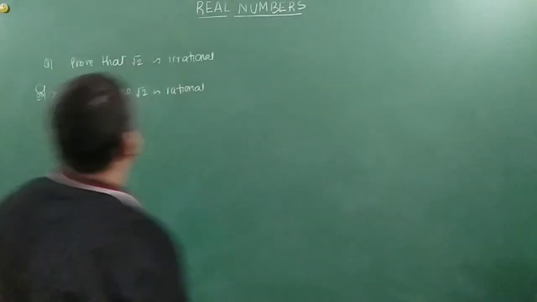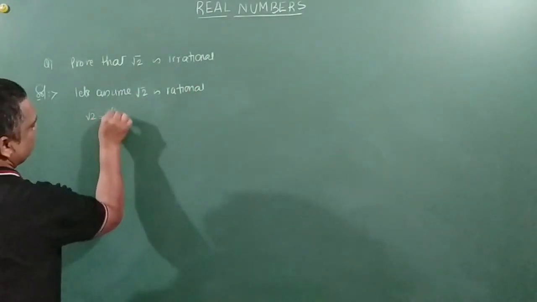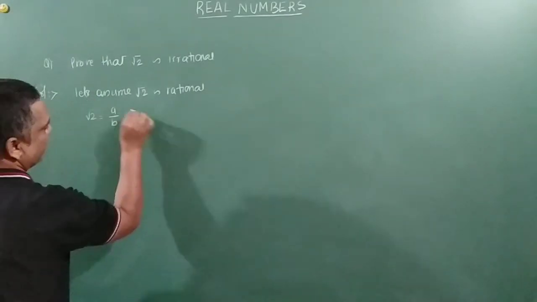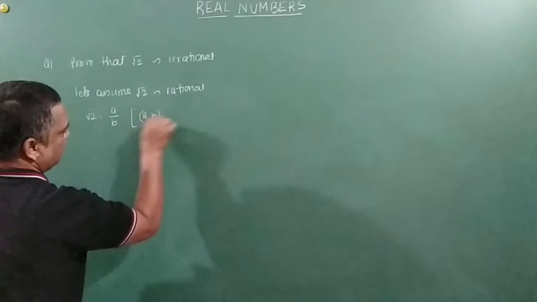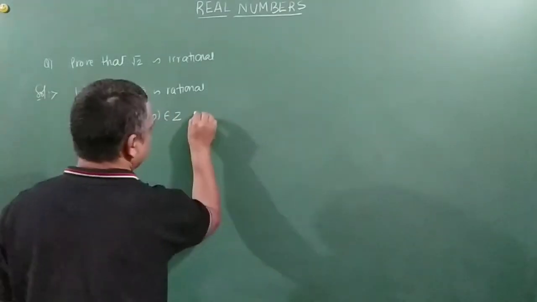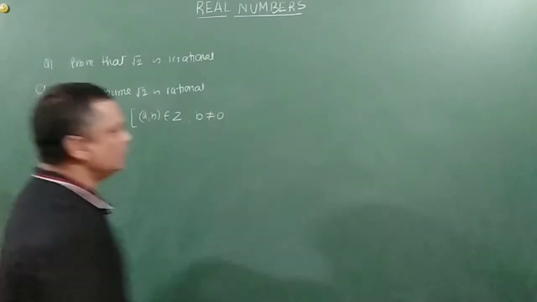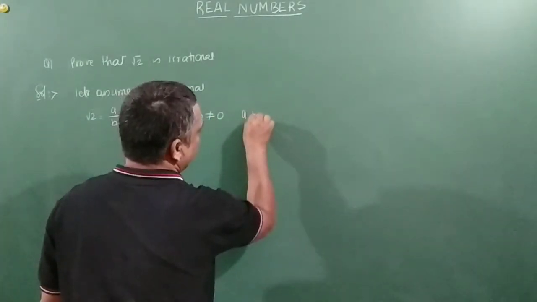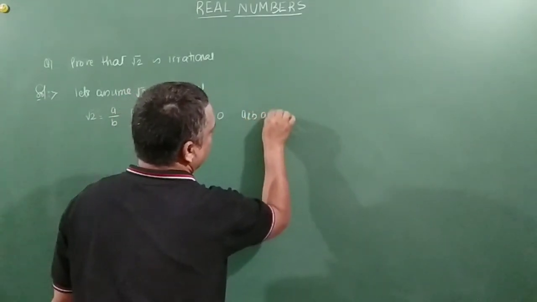So root 2 is equal to, let us say, a by b, where a and b belong to integers, condition number 1, b is not equal to 0, condition number 2, and a and b are co-primes.